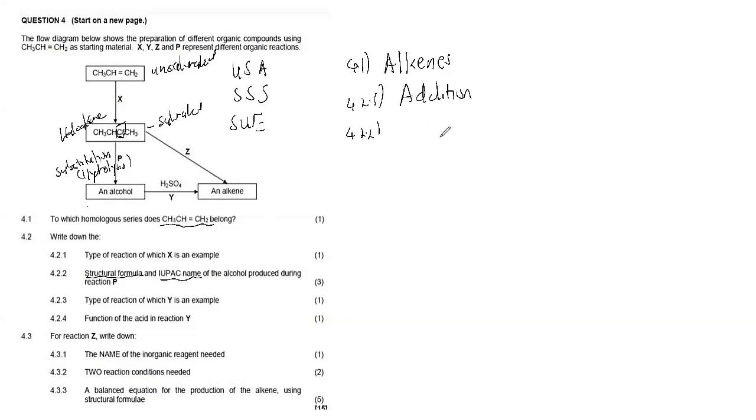So now if we have to draw the structural formula, this is CH3 bonded to 3 hydrogens, followed by a C bonded to a hydrogen. But this time around, it will be bonded to an OH instead of the chlorine because we are forming an alcohol. And then lastly, we have a carbon bonded to 3 hydrogen atoms.